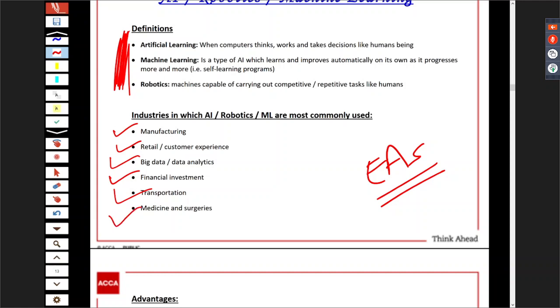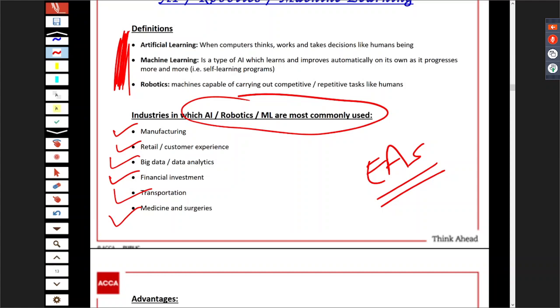Like the surgeon is living in France and he's doing a surgery in India through robotics. Whatever hand movements he's doing in France, a robot is executing the surgery in India. So all this is possible because of AI, robotics, and machine learning technology. So a lot of technological progress is happening.